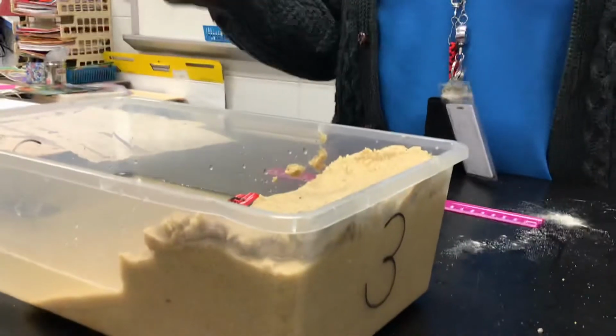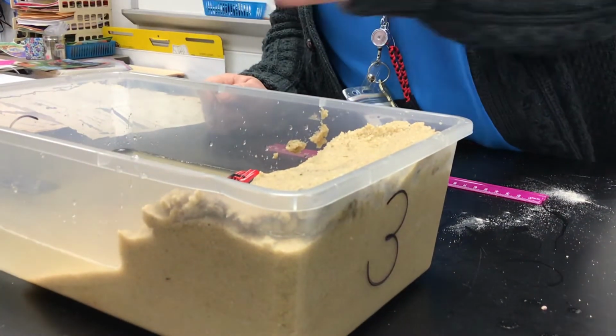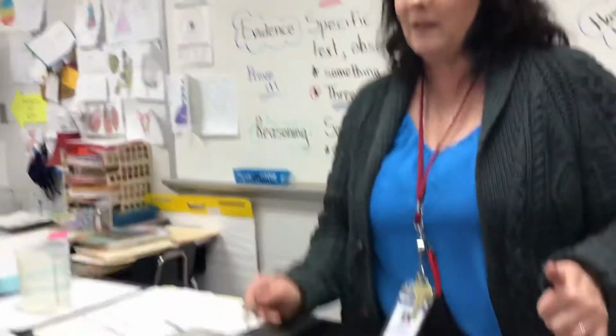We've got a prediction that the sand is going to move and make more on the bottom. We've got a prediction that the sand is going to erode and wash the swimmer and the toy out into the water.